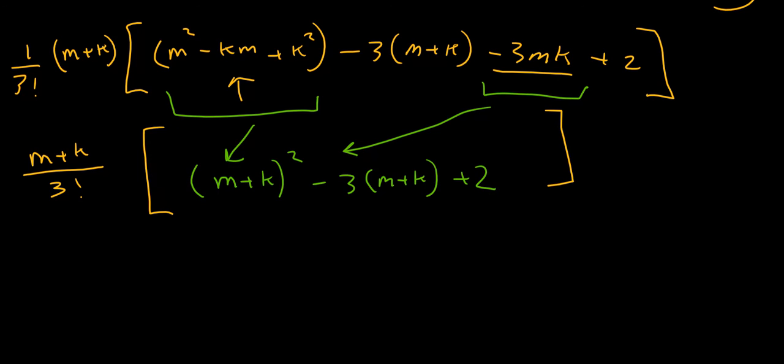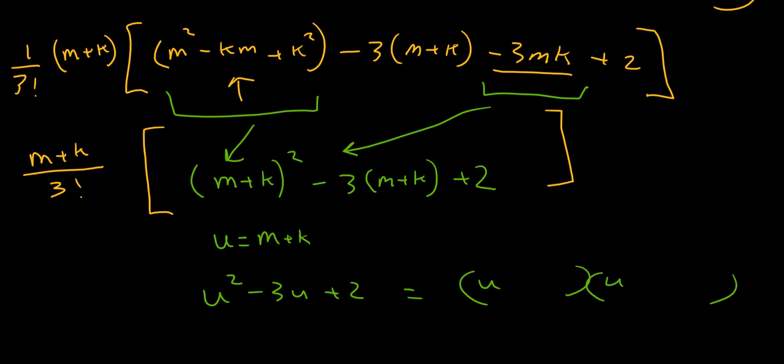We can let u equal m plus k. So that would give u squared minus 3u plus 2. So that factors to u subtract 1, u subtract 2. Right. But we know u is equal to m plus k. So m plus k subtract 1, and m plus k subtract 2.